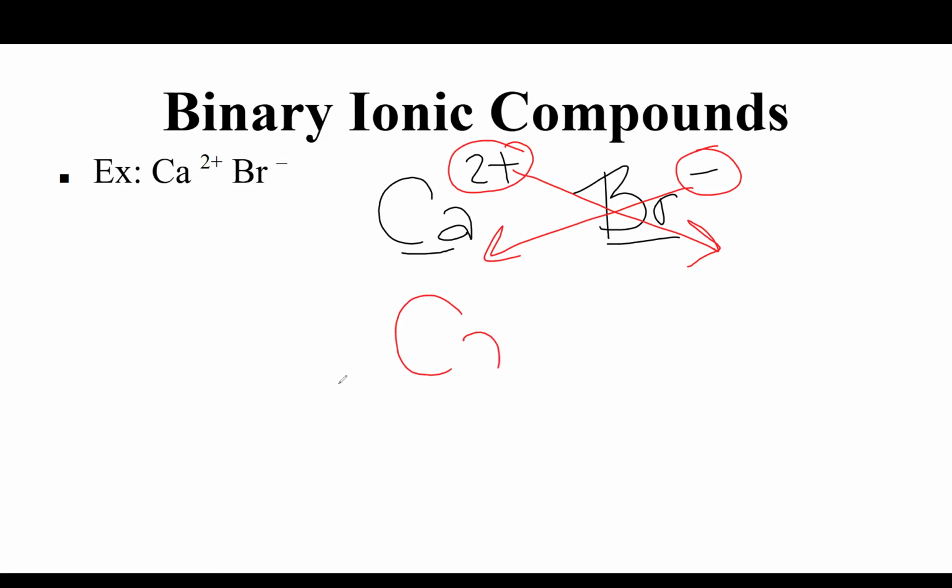So calcium would have 1 subscript, and if it's only 1, you don't write 1. And bromide would have 2. So it's CaBr2. If we want to check, we know calcium has a 2+ charge.